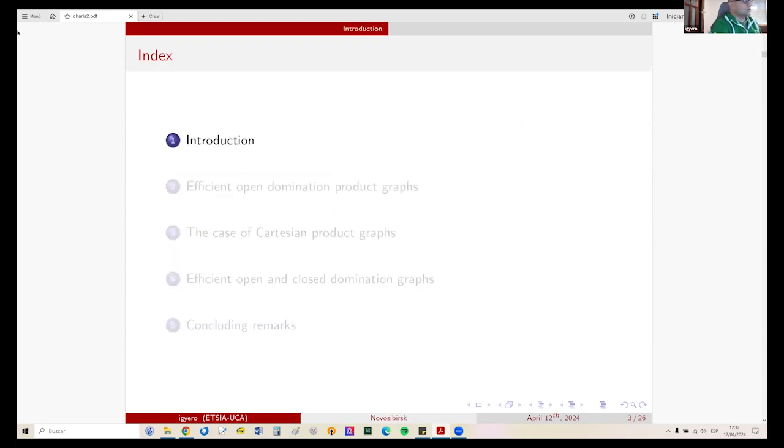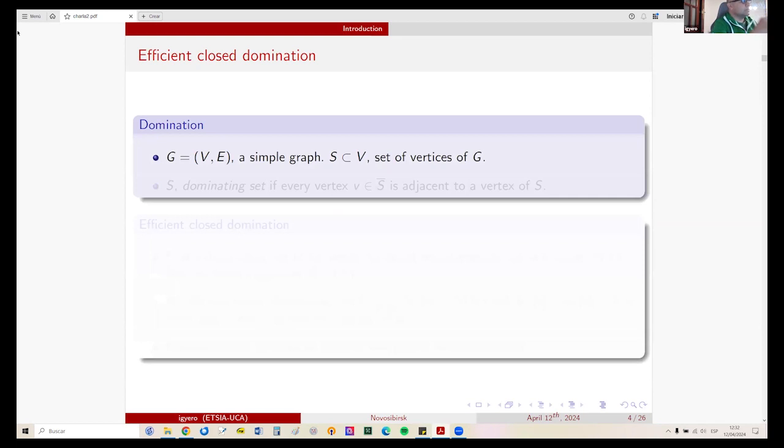First of all, I would comment on the definition of domination, but it probably will not be necessary because you are all specialists in domination in graphs, and this is a workshop on domination. More or less everyone knows that in a dominating set, all vertices outside the set must be dominated by one vertex of the set.